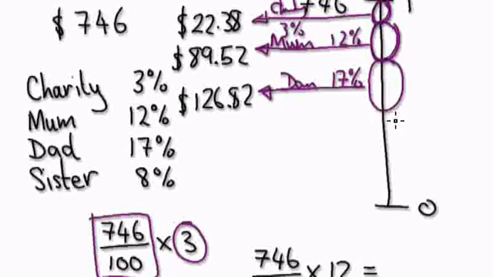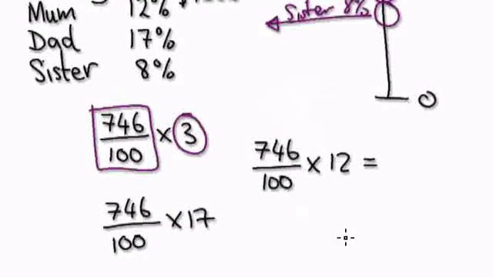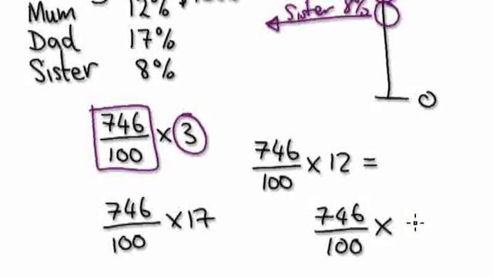And this time you've got sister, eight pieces to sister. You're giving 8% to your sister, assuming you've got a sister. So again, get your whole amount, 746. Split it up into 100 pieces, and 8 pieces goes to your sister.